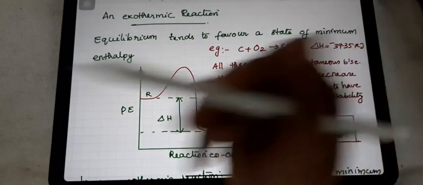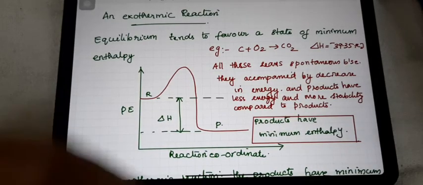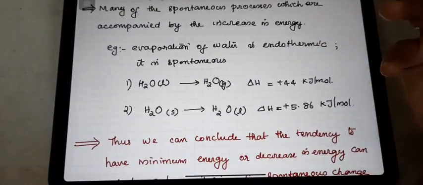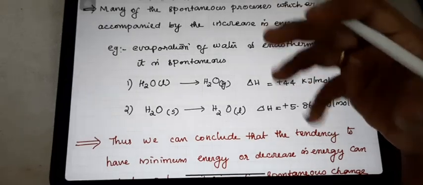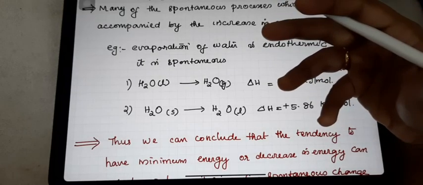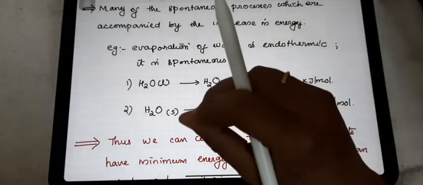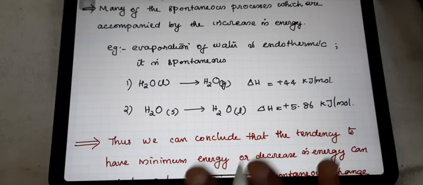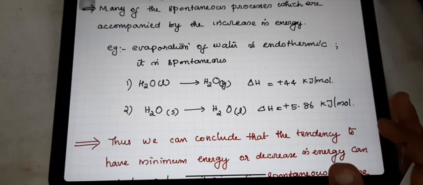Okay, so that is the main difference between the exothermic and endothermic reaction. In both cases, we discussed the spontaneity. Normally, we favor the minimum energy situation, getting the more stable situation. When we correlate that energy with spontaneity, the decrease in energy or minimum energy is not a criterion for spontaneity.